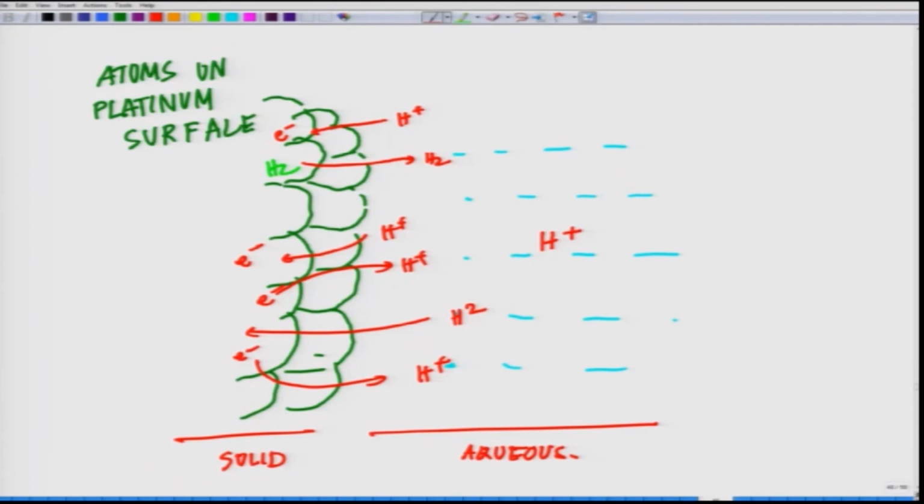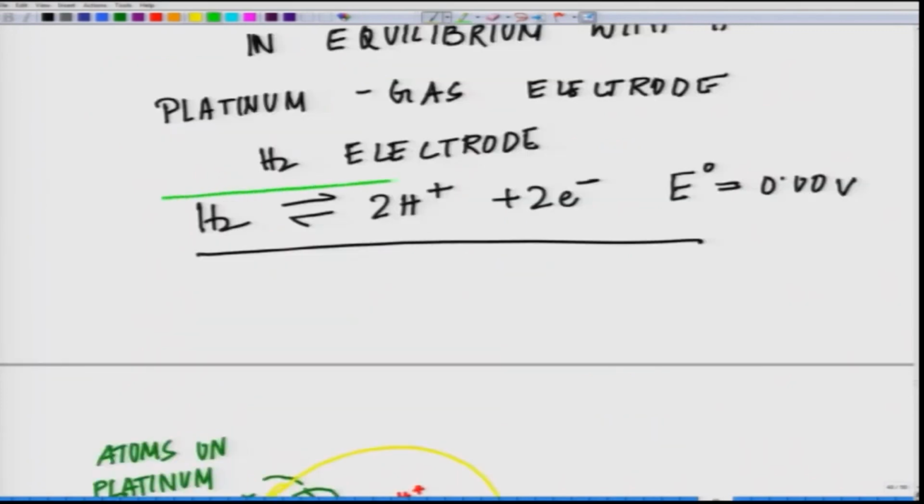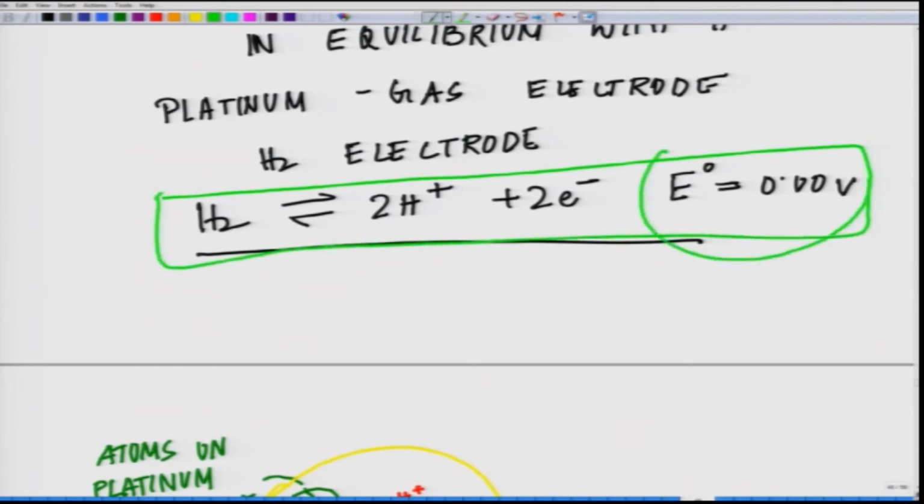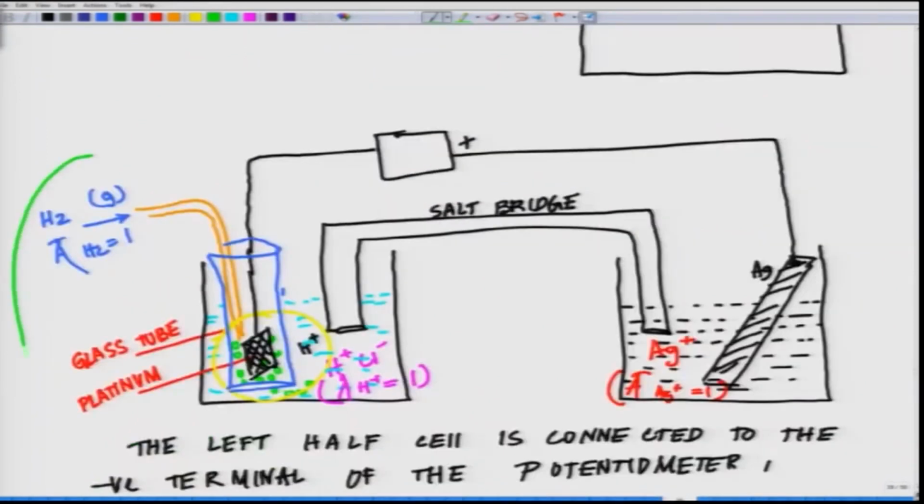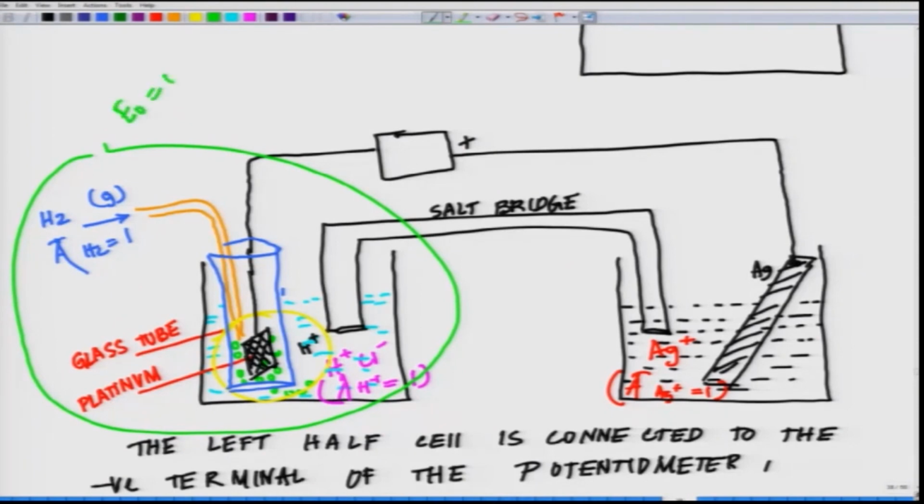So, the platinum surface is a very dynamic surface, and there are a lot of such possible reactions happening on this surface. And what is being assumed, as I told you, is that this is a surface phenomenon. In a normal condition, this electrode by itself, standalone, will have an E naught equal to 0 volt.